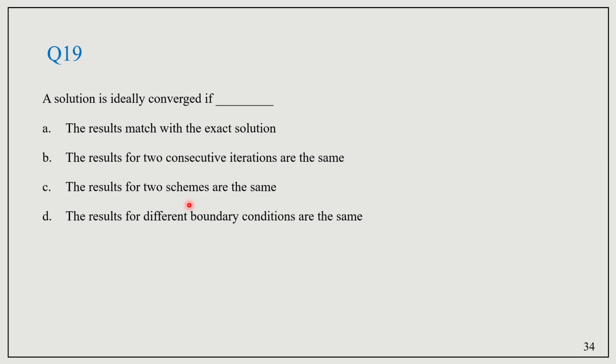B is results for two consecutive iterations are the same. If we are getting the same solution in two iterations, we technically call it a converged solution. But mostly we allow it for a certain number of iterations to get the same solution. The third one is results for two schemes are the same.